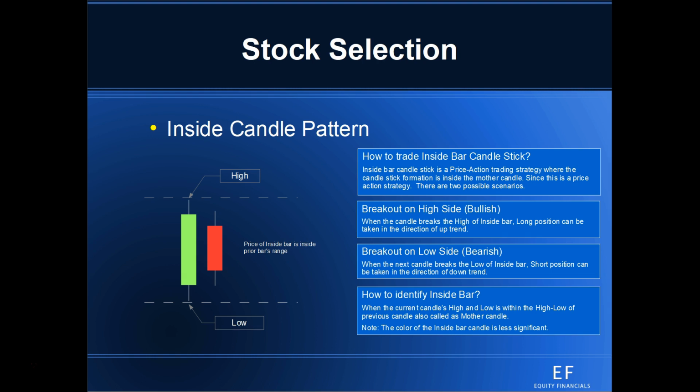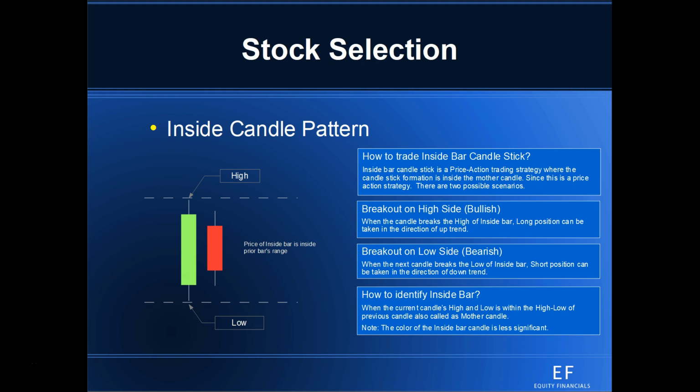And the next day, since there was an indecision between the buyers and sellers, the candlestick could not break the high of the previous bar or the low of the previous bar, and resulted in the inside candle formation. So what we do is filter out and select the stocks which have formed this inside candle, and on the next trading session on a 15-minute chart, we would be looking for possible entry and exit.